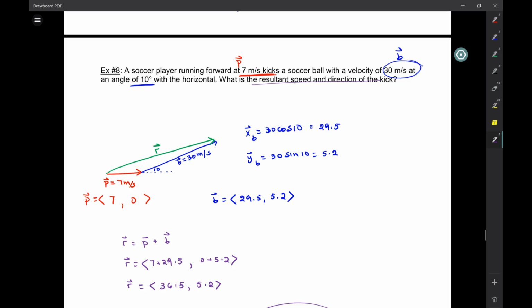Again, if he was just standing still and he kicked it, the ball would just keep flying at 10 degrees. But because he was also going forward, that added to it, so instead of going at 10 degrees, it's going at 8.1 degrees. It flattened out a little bit, right? So the next time you're watching soccer, keep that in mind.